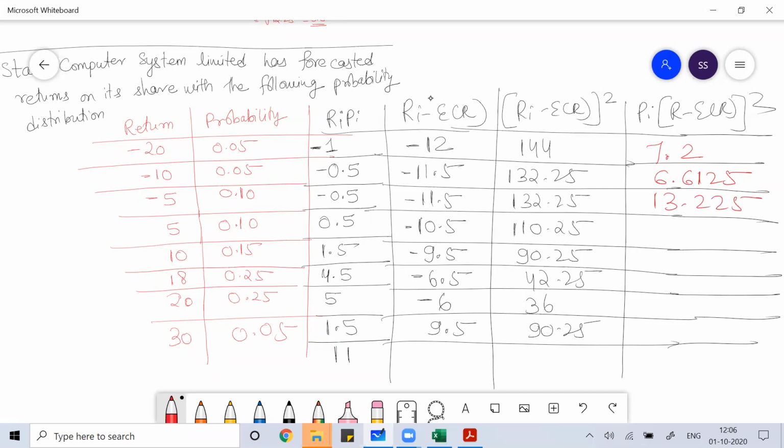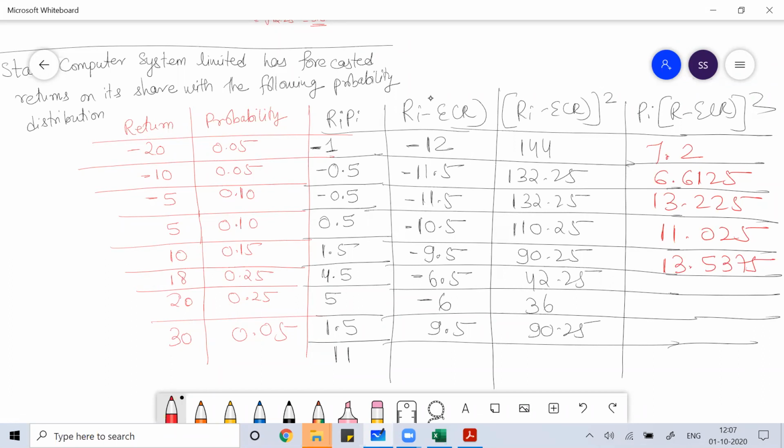Then 110.25 into 0.1, so that is 11.025. Then 90.25 into 0.15, that is 13.5375.